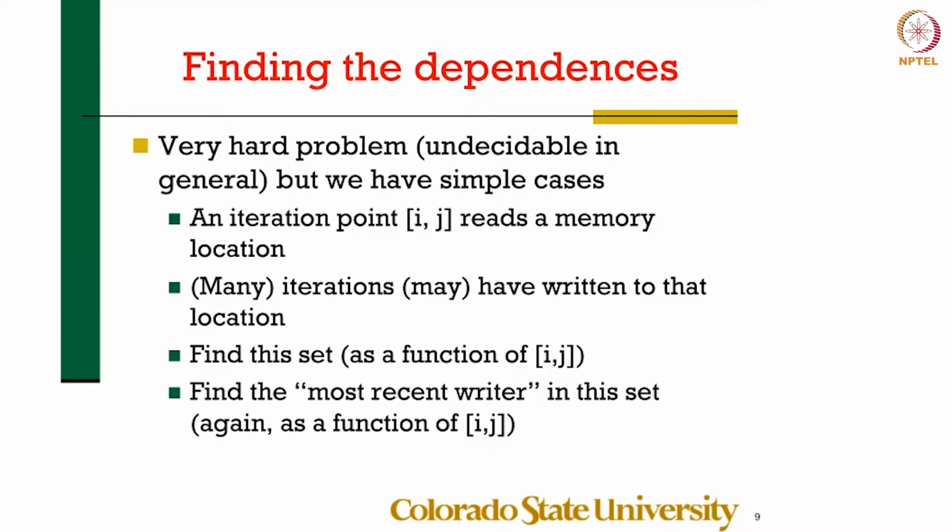What we've chosen is that we are going to look at loop programs, where the loop bounds are given by linear inequalities in the indices, and the memory access functions are all linear or affine functions of the loop indices and size parameters. So m and n are size parameters.